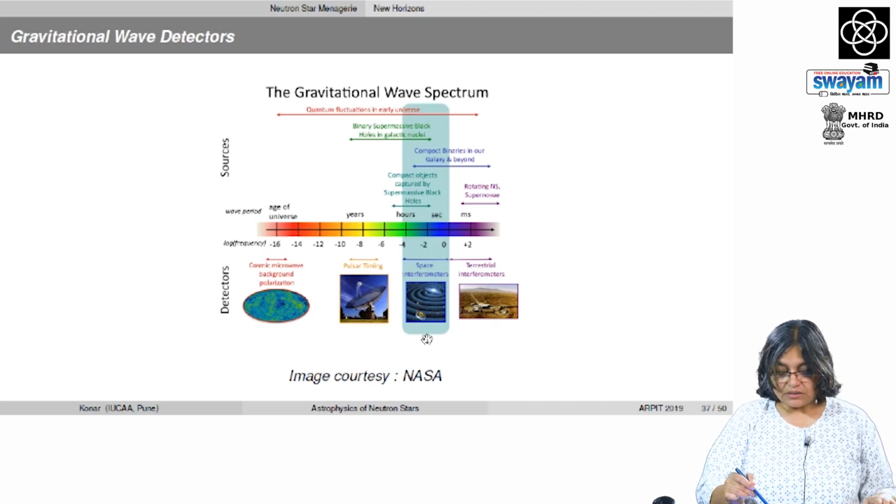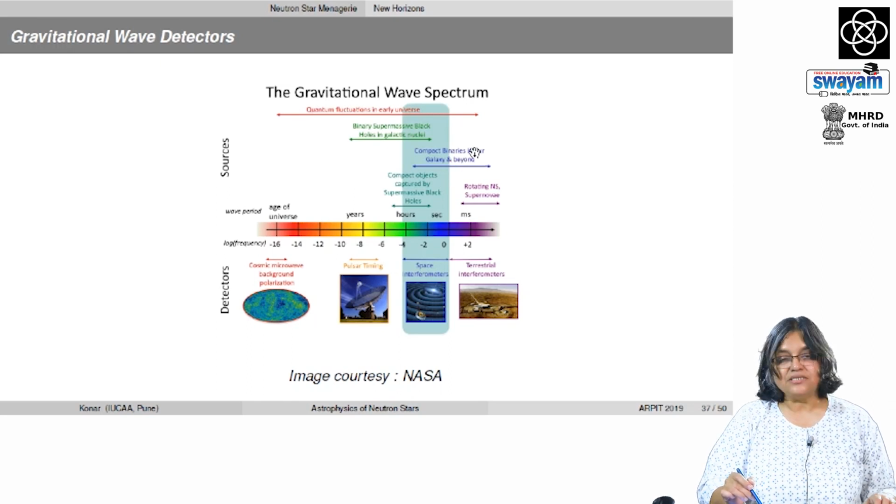Here are the neutron stars as sources, here and here. So, the compact binary, that is neutron stars and black holes, their merger can generate gravitational waves in these frequency ranges, and these are detectable by terrestrial ground based observatories, and also space based gravitational wave observatories.